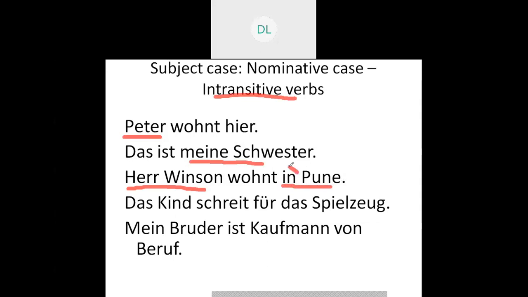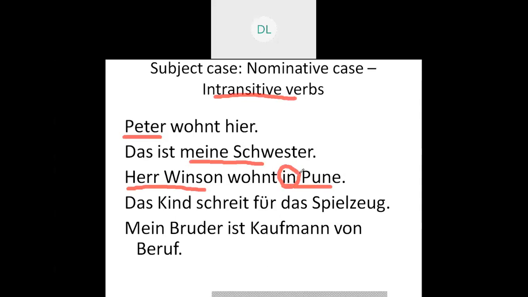Whenever I have a preposition before the noun, that noun never comes into the subject and object category. I repeat, whenever I have a preposition before the noun, that noun never ever comes into the subject and object category.